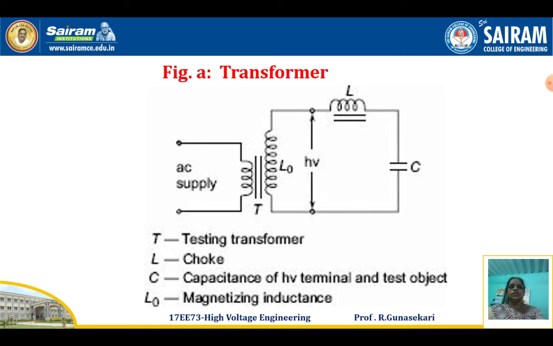AC supply is given to the primary winding of the testing transformer, and then the secondary winding of the testing transformer is connected to the choke L and the capacitance of the HV terminal and test object, that is C. R is nothing but the total resistance of the circuit. So this is an RLC series circuit only.